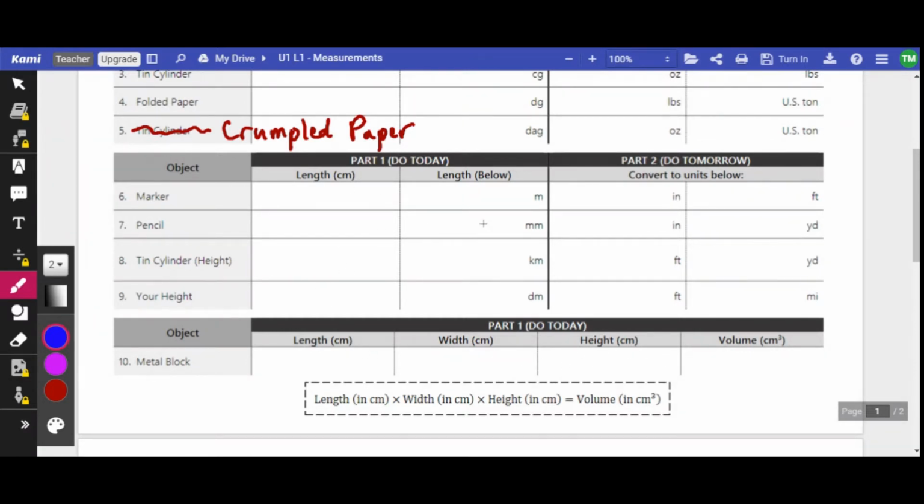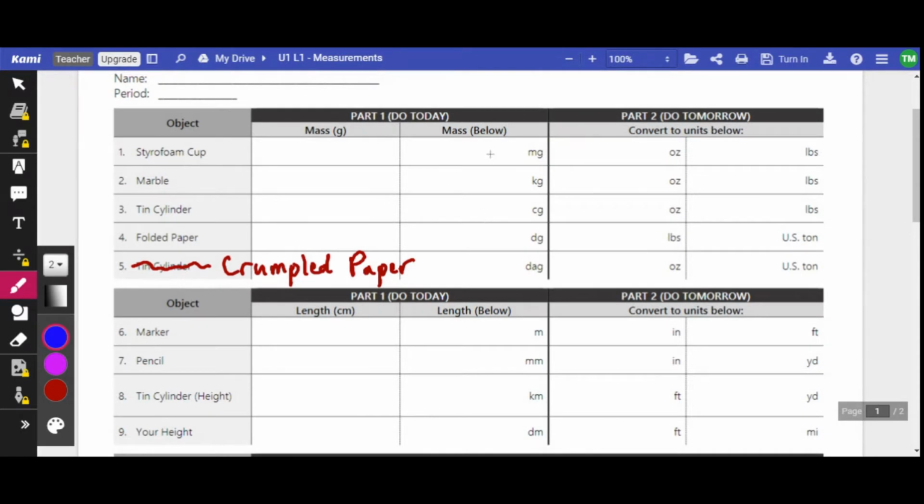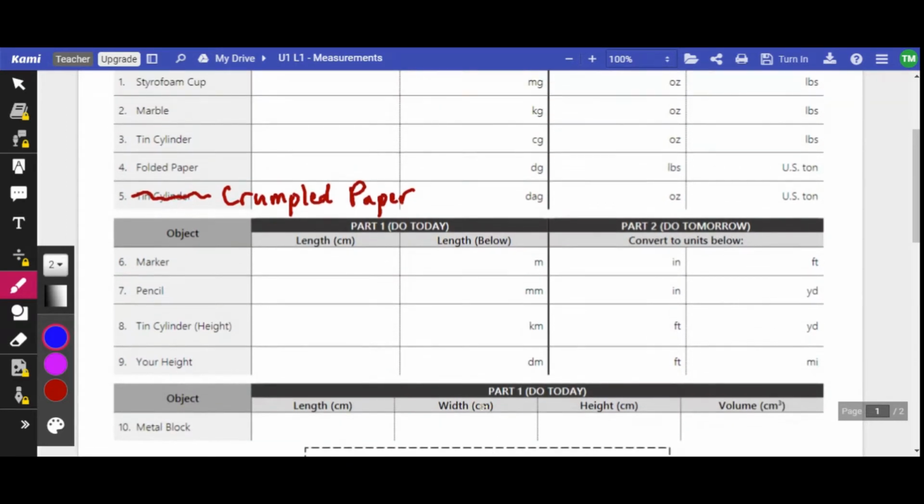Okay, we'll be making some basic conversions with metric prefixes here in part 1. And also, we should be able to calculate the volume just by taking centimeters times centimeters times centimeters, should give us cubic centimeters, or cm cubed, right there.